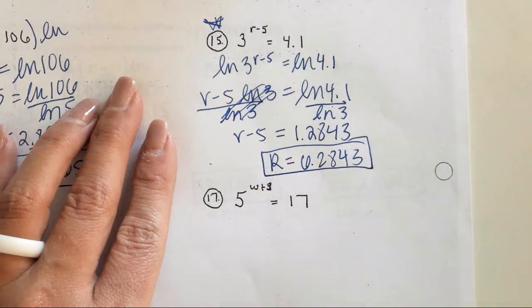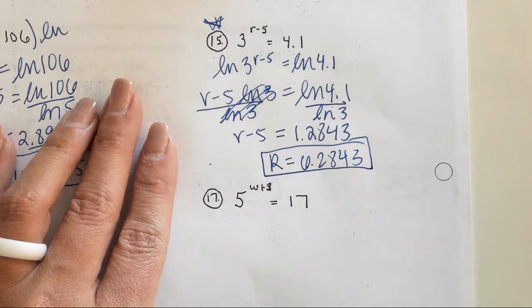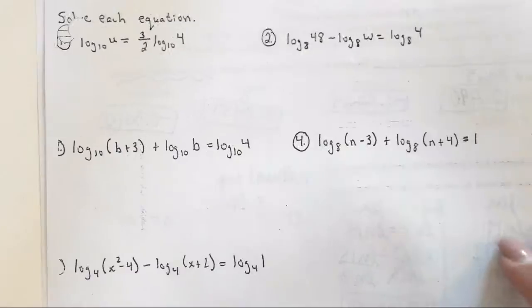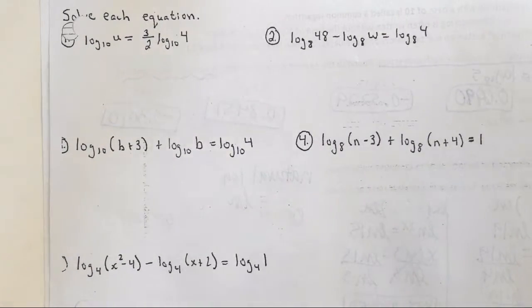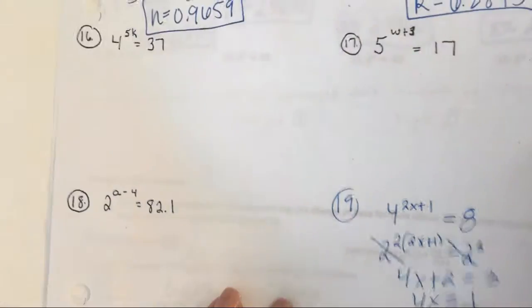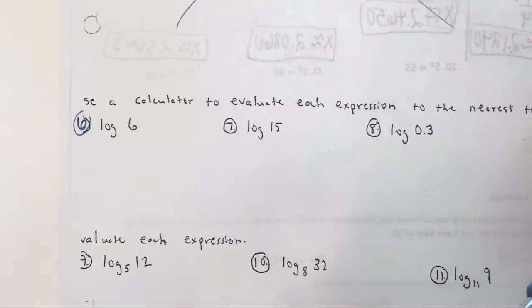Alright. I'm not going to assign you guys these problems 1 through 5 because this is like the homework you had last night. So I'm not going to double you up on that. But you do have homework, and it's going to be this number 6 all the way through 18, which seems like a lot, but these are just plugging them in your calculator, so it's not going to take you long.